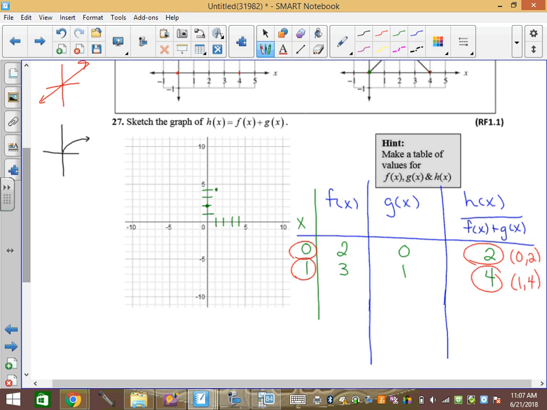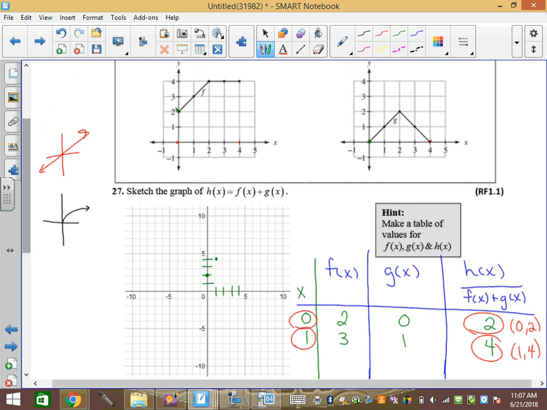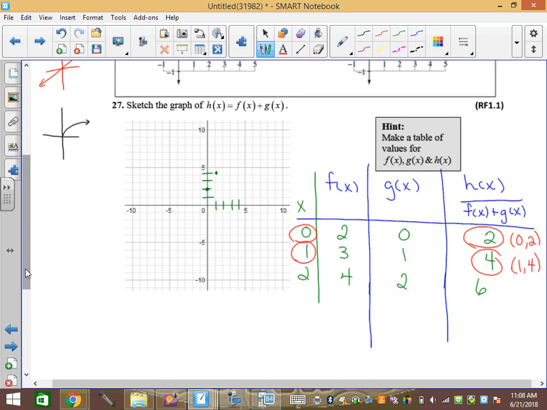Okay, my next one, I look at 2. 2 for f is 4. At 2, my g is 2. And then I'm going to go 4 plus 2, which is 6. And so my new point is at 2 and 6.